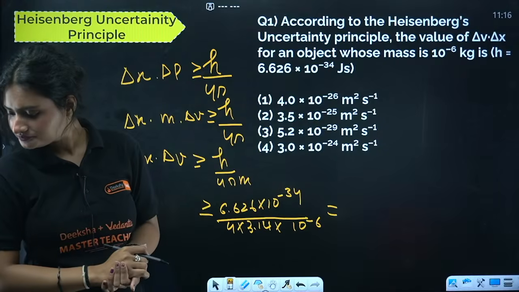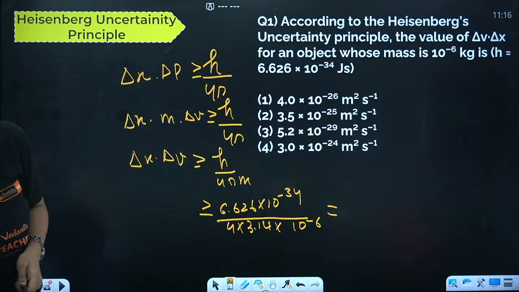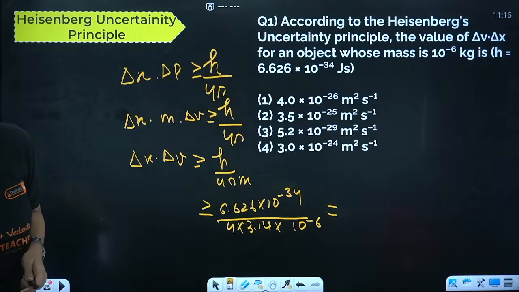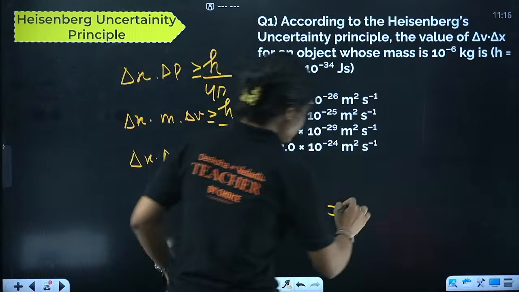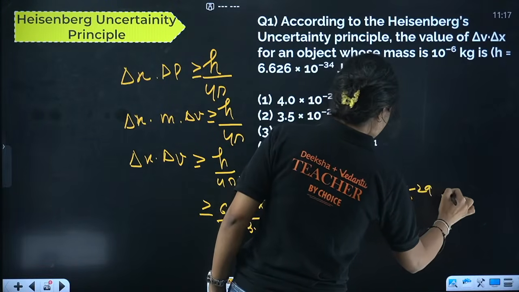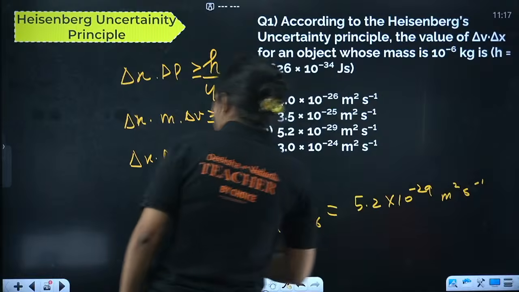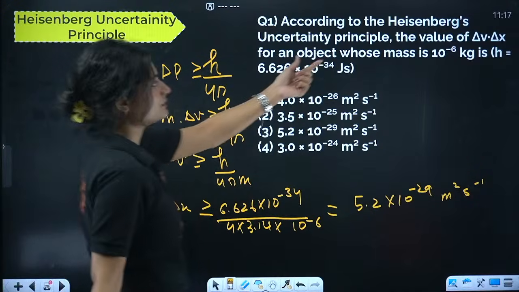Calculate it. Yes, Darshan, Vishwanath, you calculated it. The correct answer is 5.2 times 10 raised to power minus 29 meter square second inverse. That is delta V times delta X, the value we were asked.